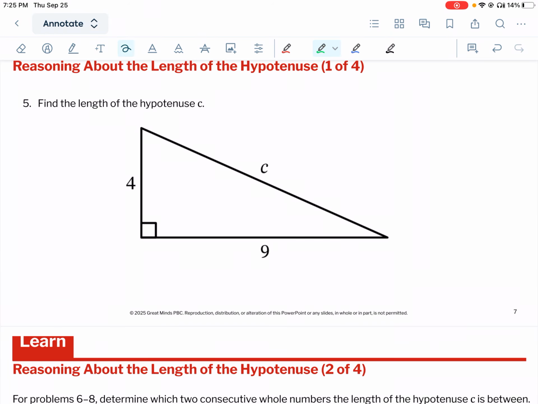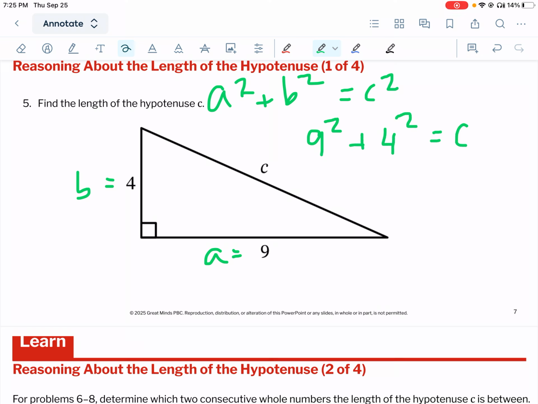For number 5, we're going to label our A and B first. Rewriting our formula, write the formula every single time. I know that a squared, which is 9, plus b squared, which is 4, equals c squared. 9 squared is 81. 4 squared is 16. 81 plus 16 will give me 97 equals c squared.